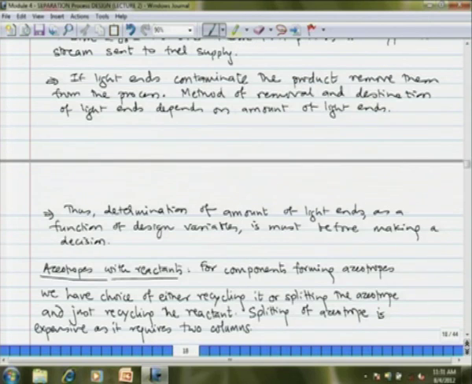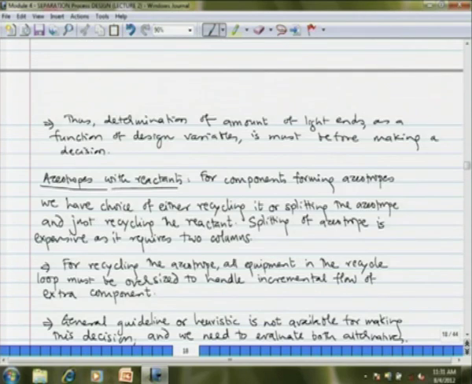The method of removal and destination of light ends depends on the amount of light ends that I already mentioned. So, the determination of the amount of light ends as a function of design variables is a must before making a final decision. This point we note.